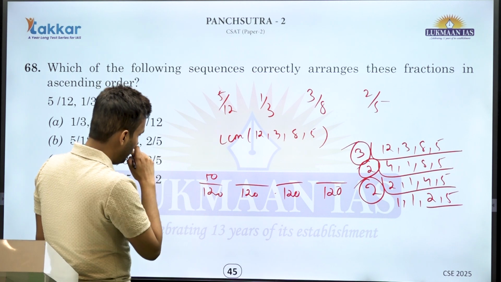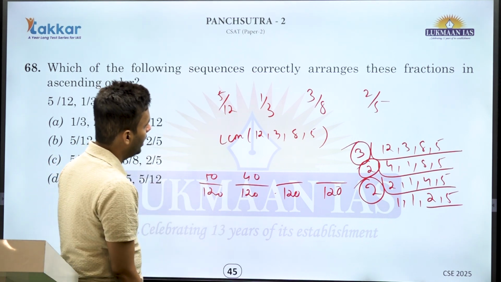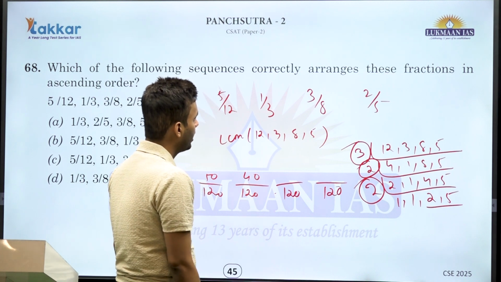For 1 by 3, 40 times 1, 40. For 3 by 8, 15 times 3, 45.